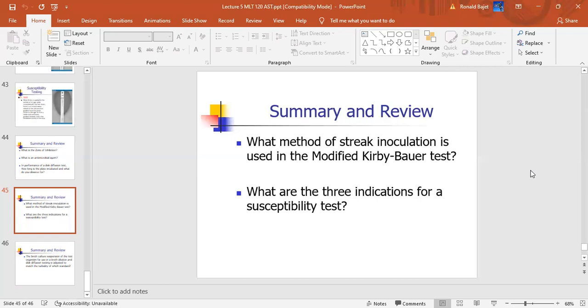Micrococcus is out of the picture because it's tetrads. So it would be Staph epidermidis and Staph saprophyticus.